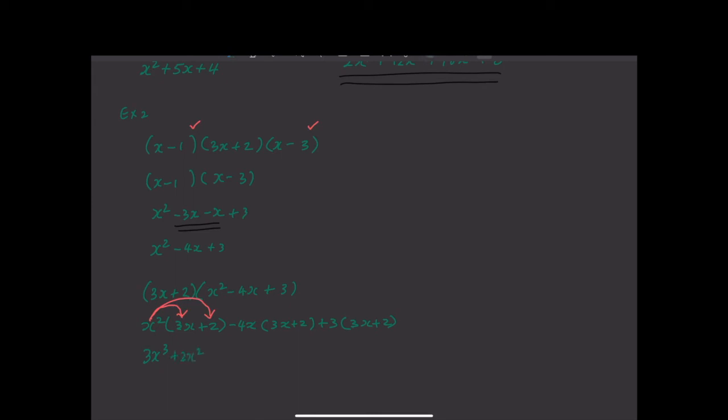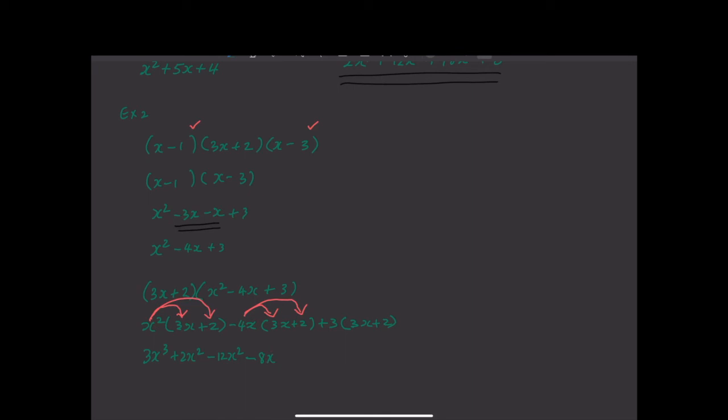We then move to minus 4x times positive 3x, which will give us minus 12x squared. Then we'll multiply minus 4x by positive 2. That will give us negative or minus 8x.